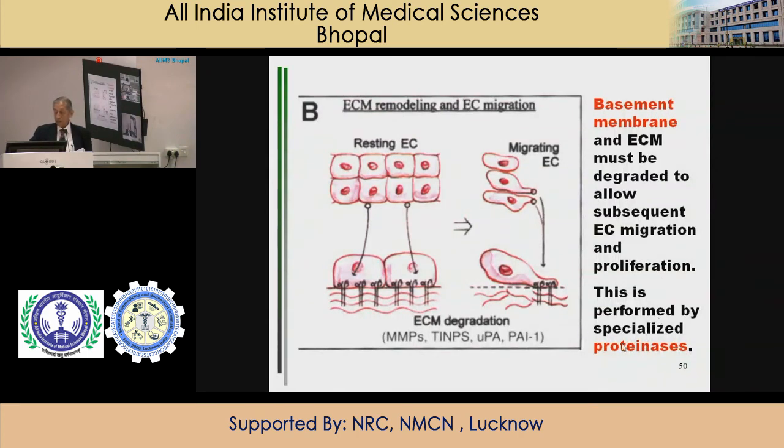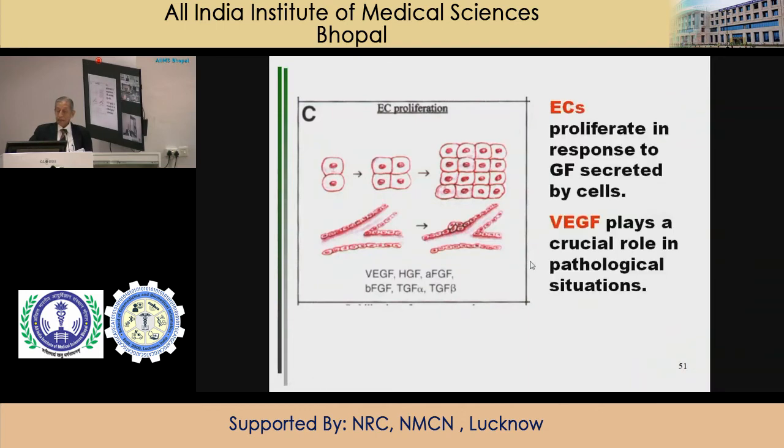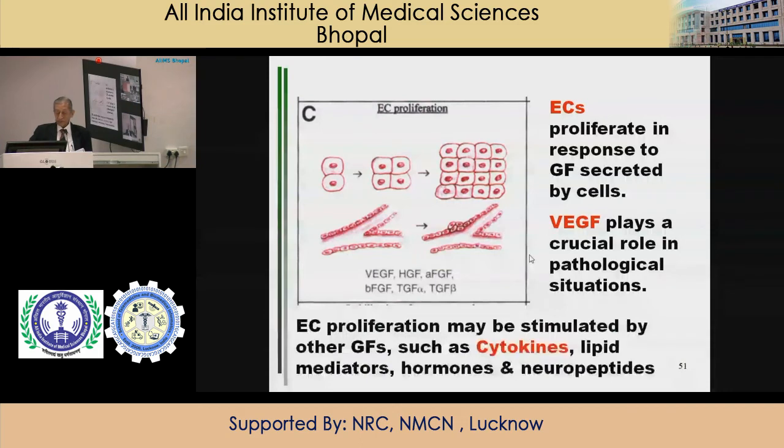And this is performed by specialized proteases such as MMPs, etc. This part also we have done quite a lot of work. And then the endothelial cells proliferate in response to the growth factors, and VEGF plays a crucial role in the pathological situations.